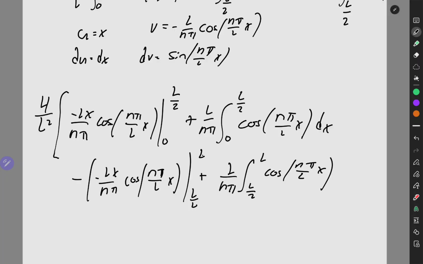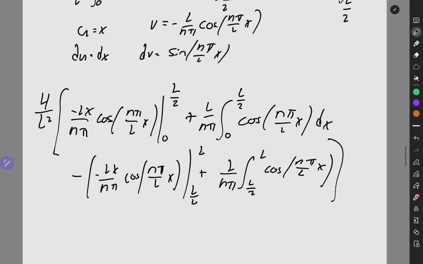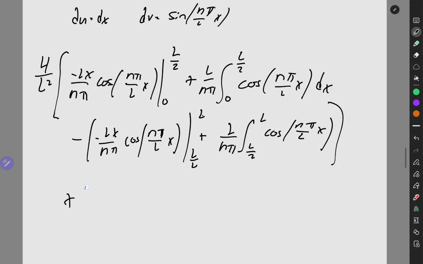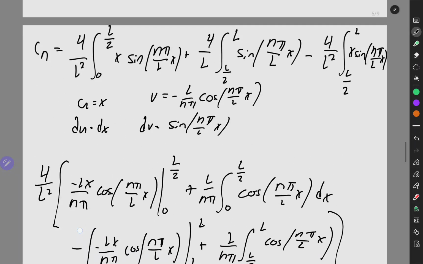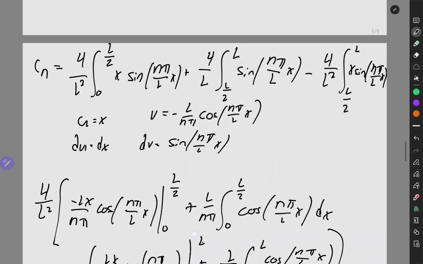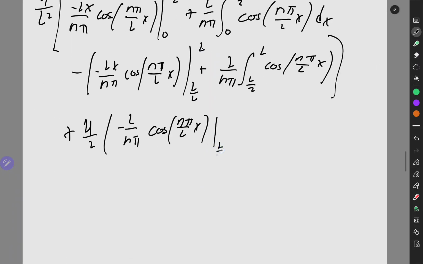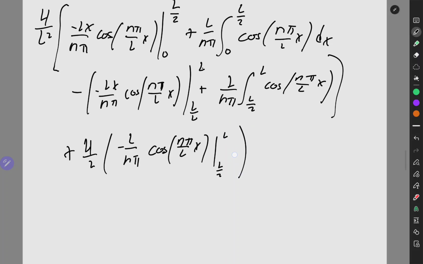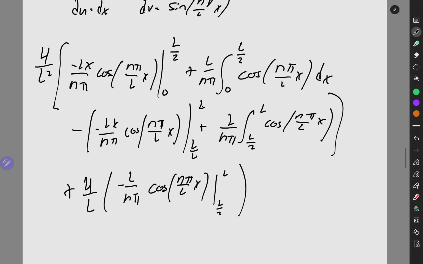Now, this kind of sucks. Well, let me do the last part first. We have plus, I remember it was 4 over L, integral of sine. And this one was from, same thing, L over 2 to L. Okay.